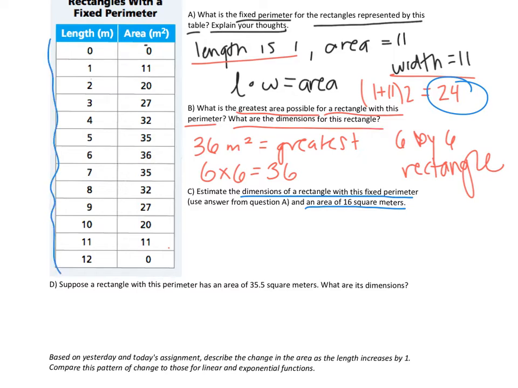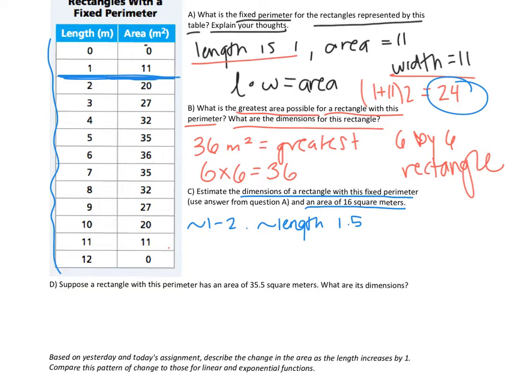So if it has an area of 16, I know that it's going to be approximately between 1 and 2, which means the length is approximately 1.5, right? So if the length is approximately 1.5, well, what does it mean the area should be?